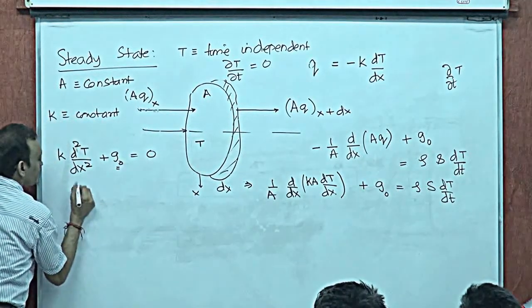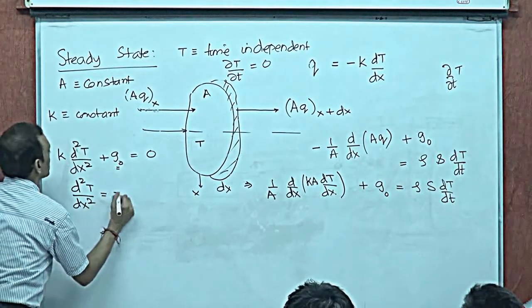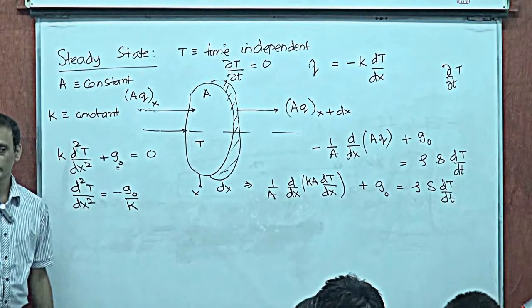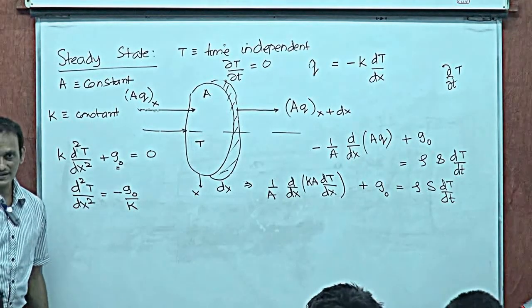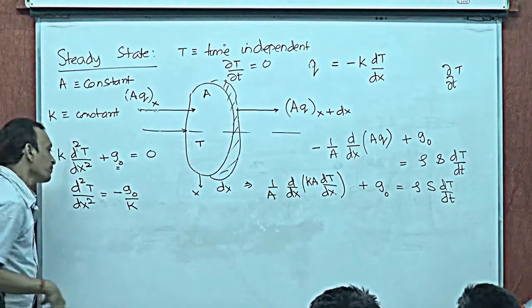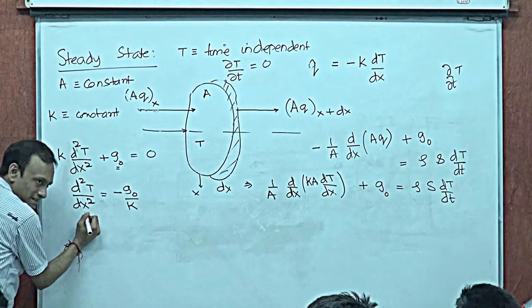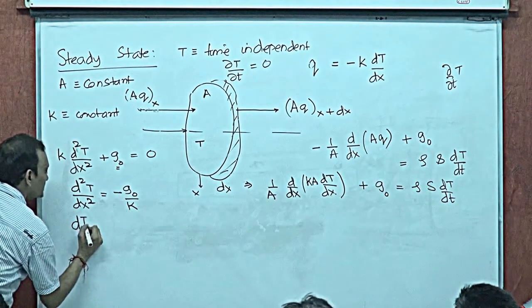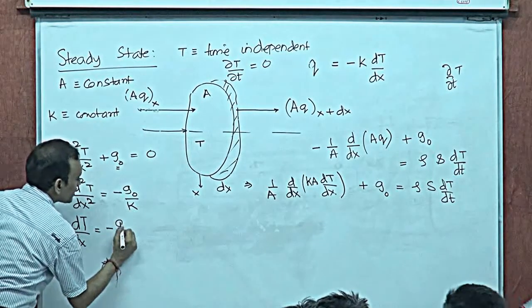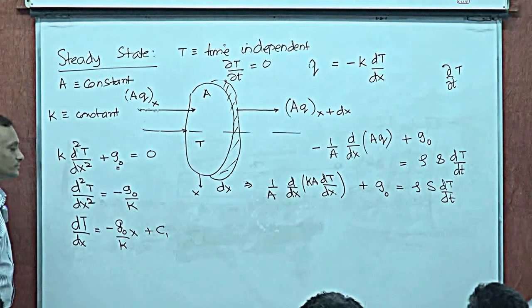This would give me d2T dx2 equals minus g naught by k. G naught is an internal heat generation function, right? If I integrate once, I get dT dx equals minus g naught by k into x plus a constant of integration.